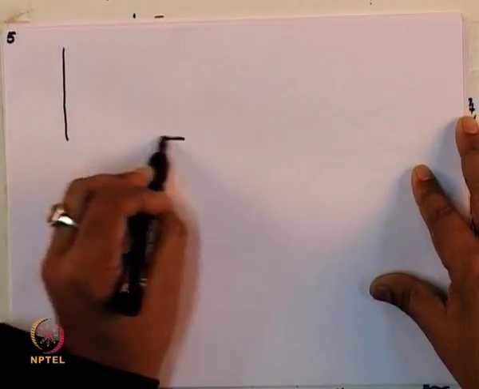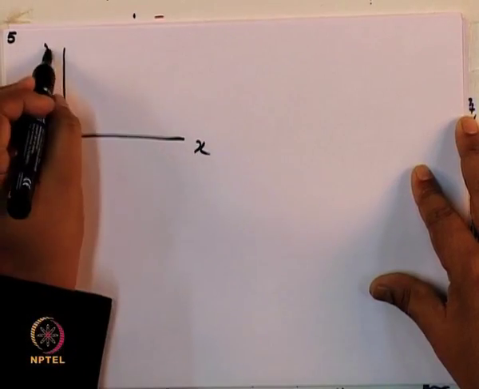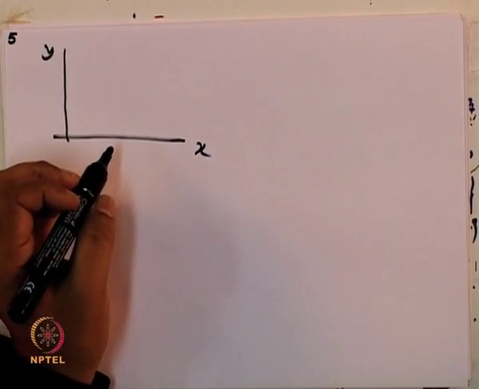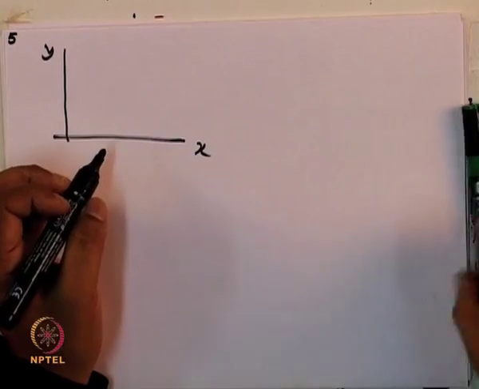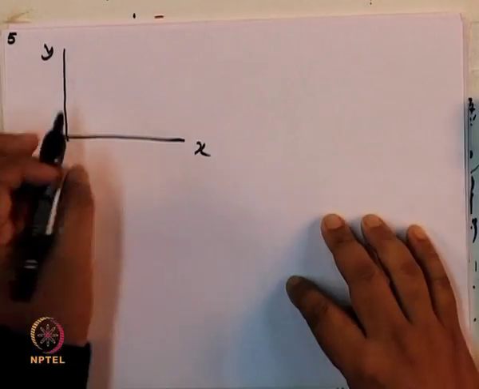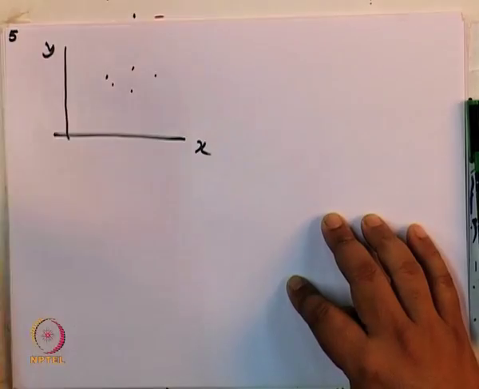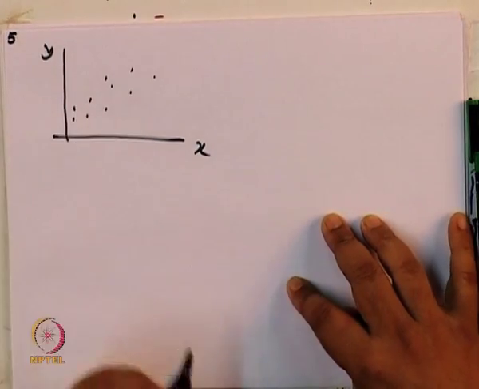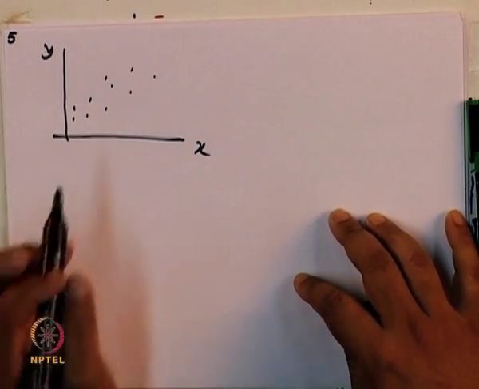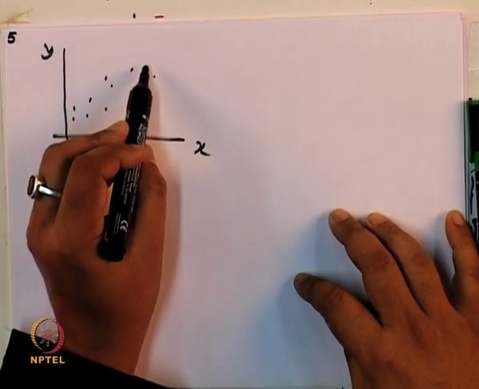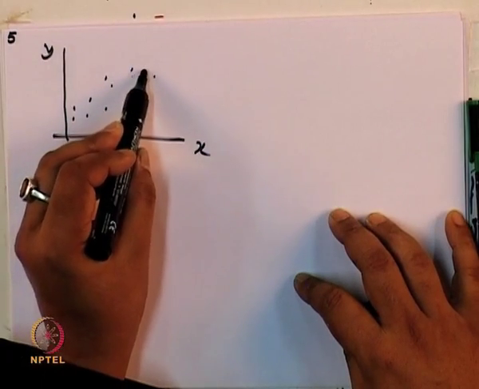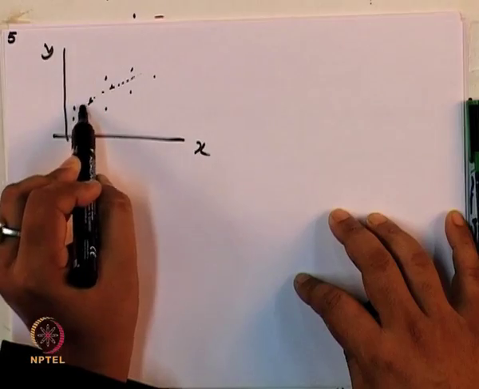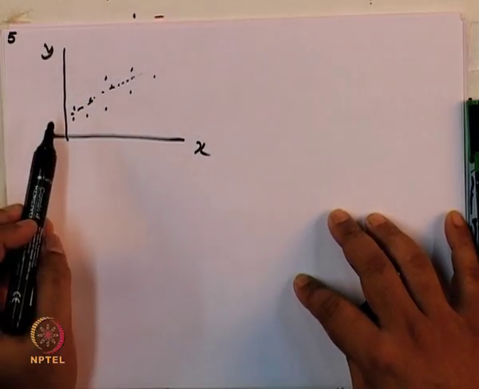So how do you know whether something is positively correlated or negatively correlated? Let us say I plot x and y and I have some scatter plot like this. On an average, if I were to draw a trend line through the middle, my trend line will look something like this.